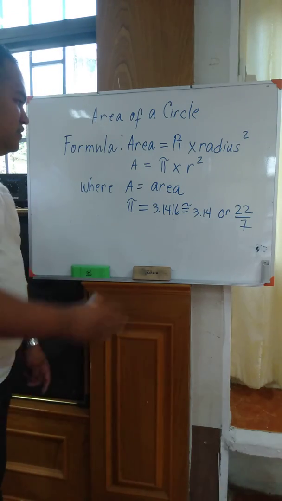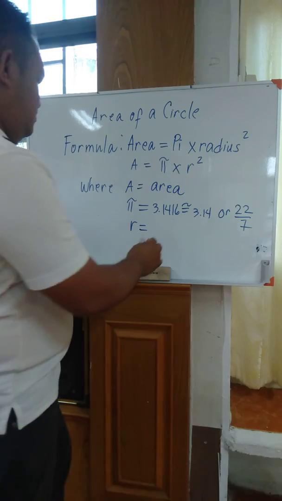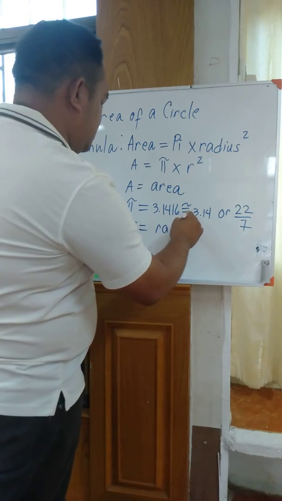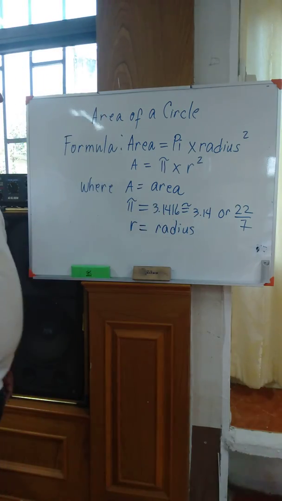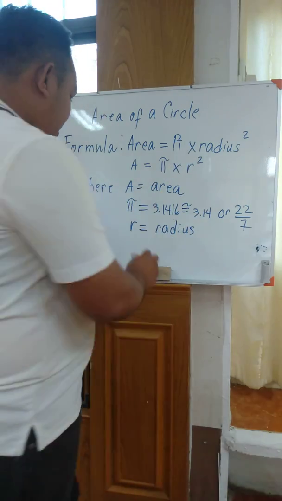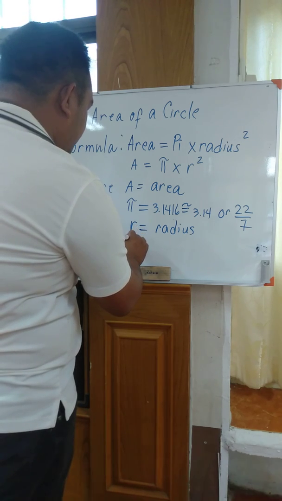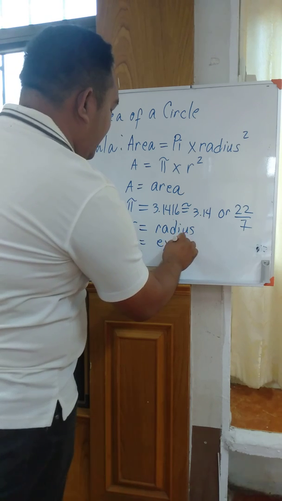So the next one, r, is what we call radius. And 2 there is the superscript, which is what we call exponent.